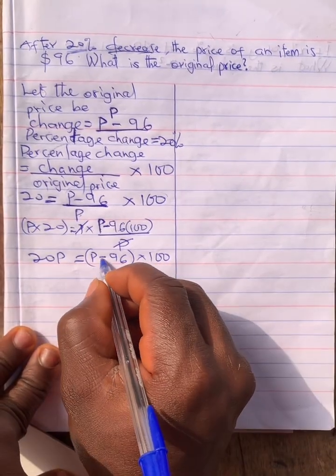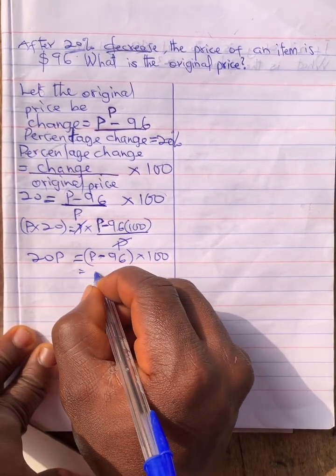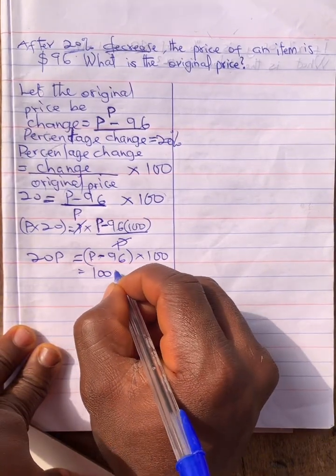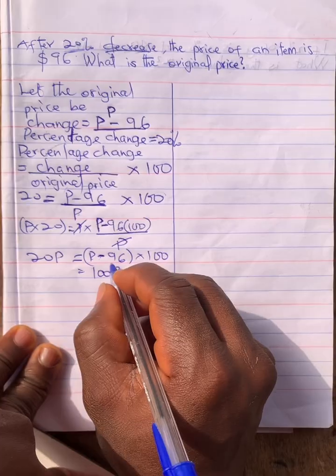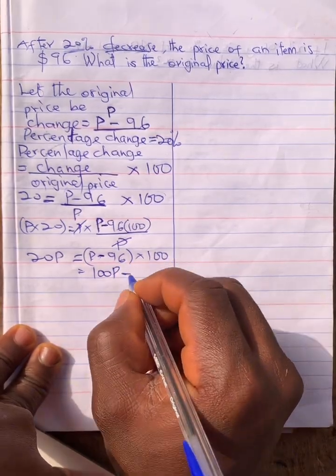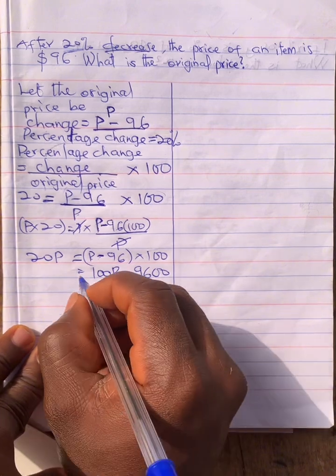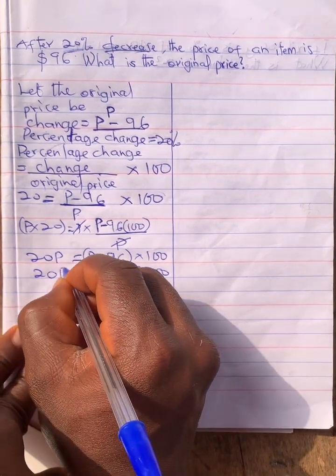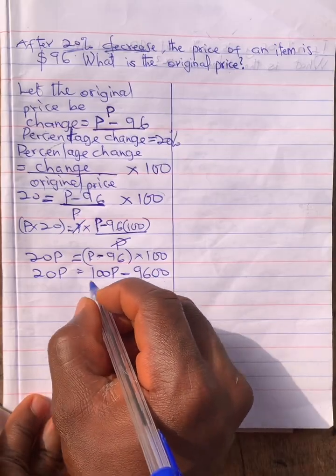Now multiply P by 100, we will get 100P, minus 96 times 100. So here 20P. Now we have to interchange.